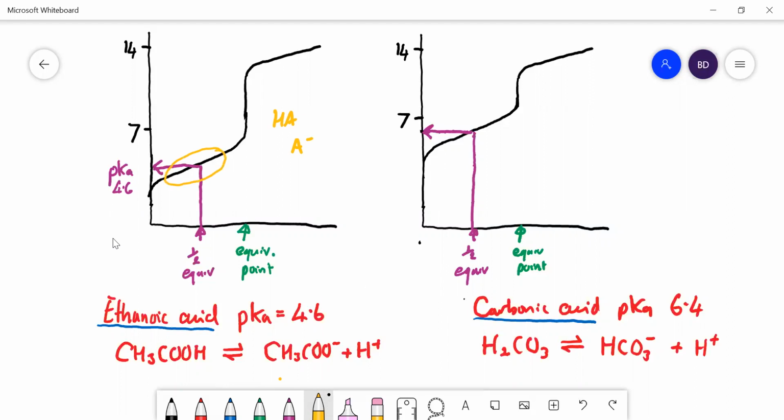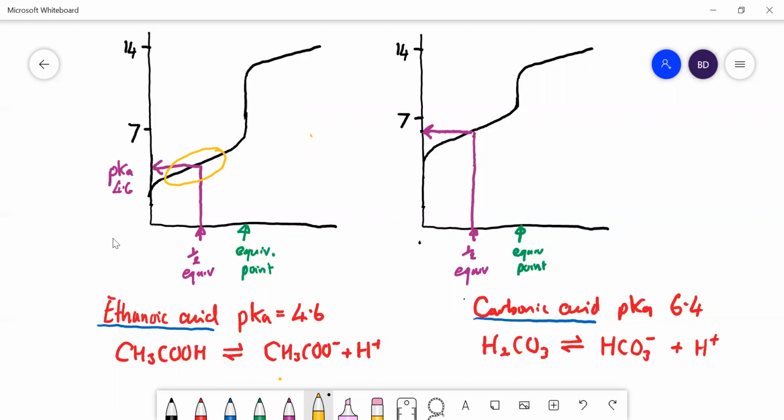But when you get past the equivalence point, it's all A minus. So that's no good, it won't buffer. And down here, it's going to be all HA. So the solution can buffer in that yellow bit that I've just highlighted there.